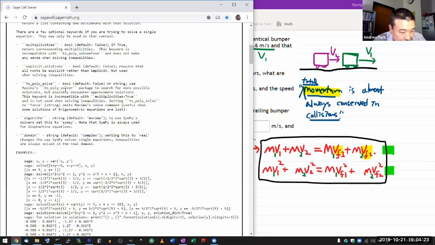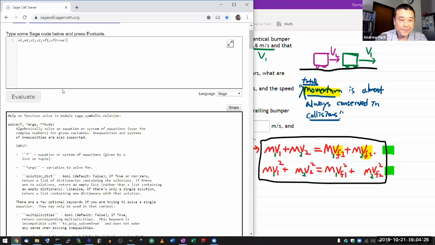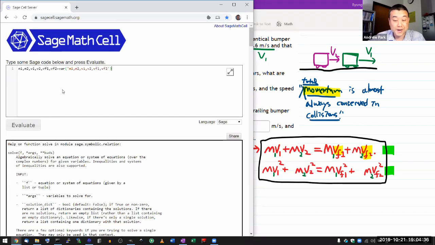I keep forgetting. Bar. Okay. M1. I don't know why this is necessary. I don't know Sage all that well. I used Mathematica for a lot longer, so I know Mathematica better, but this is free. Free forever. Okay, so those define these symbols as variables so that the program won't get confused.